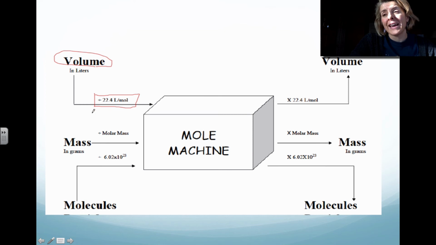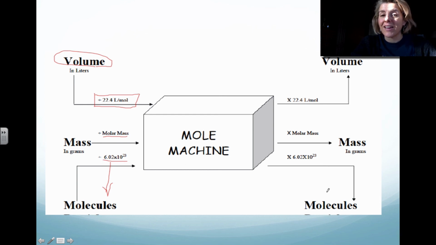So if you're looking at a gas, that is just an automatic constant for gases. If you're talking about mass, notice that we could either divide by molar mass or we could divide by Avogadro's number. So if we want to get moles, we're going to divide by molar mass, and that'll give us moles. If we don't want moles, we're going to divide by Avogadro's number to get molecules.